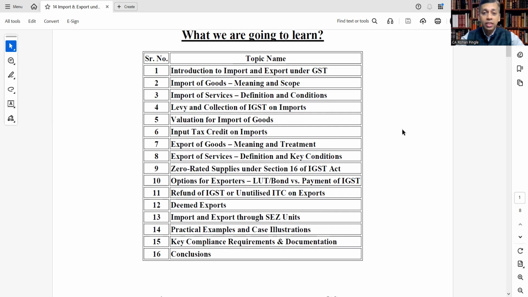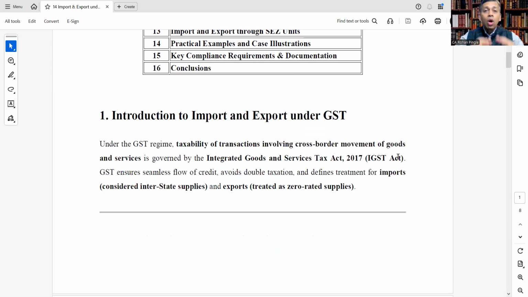So let's start. Introduction to import and export under GST. Under the GST regime, taxability of transactions involving cross-border movement of goods and services is governed by IGST Act 2017.